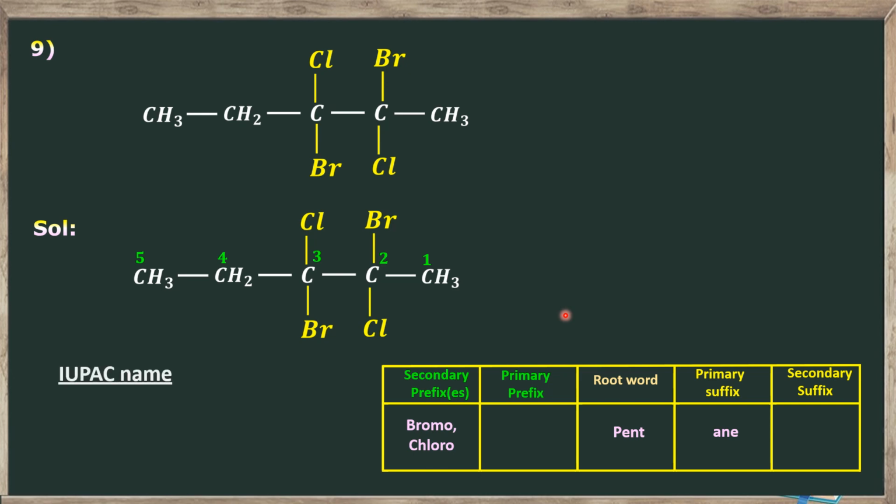So the IUPAC name: when more than one substituent is attached to the parent chain, the substituents are to be written according to alphabetical order. So bromo comes first. For that reason I am writing 2,3-dibromo-2,3-dichloropentane.